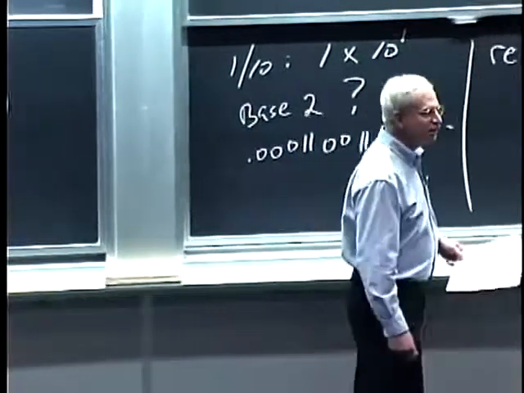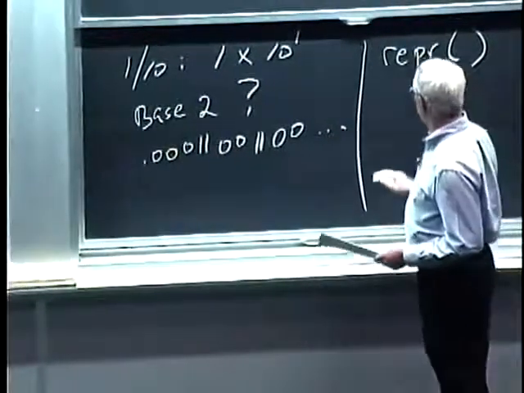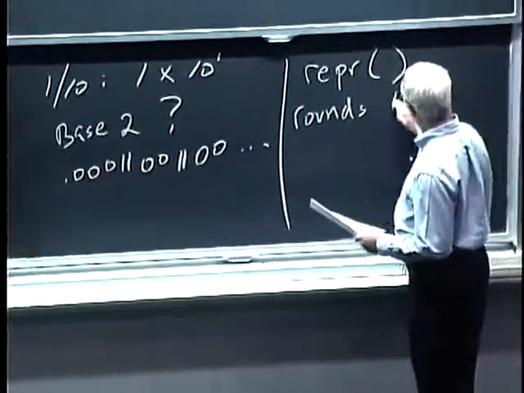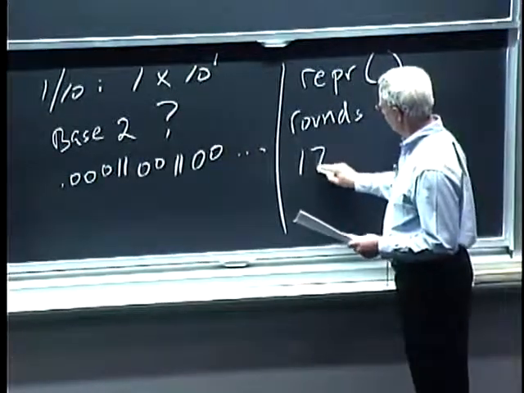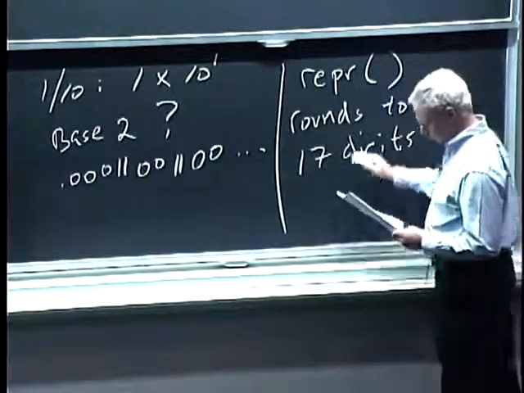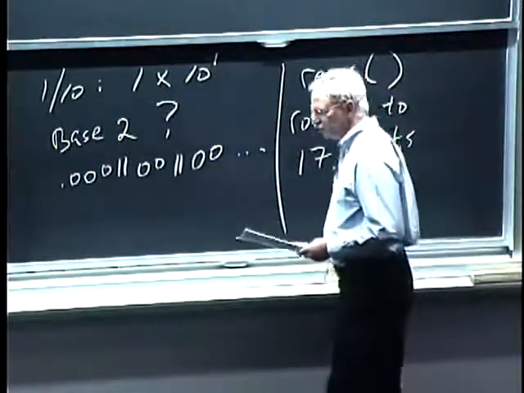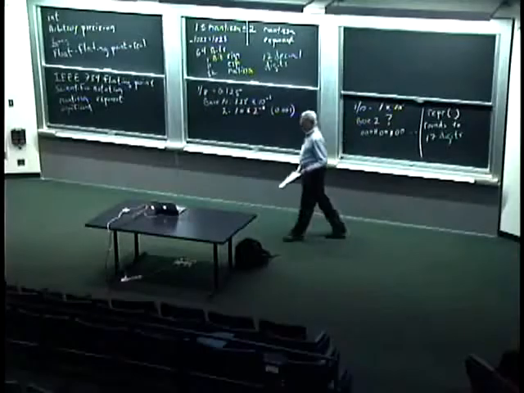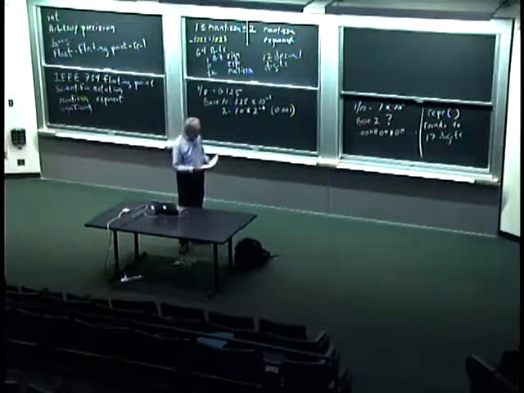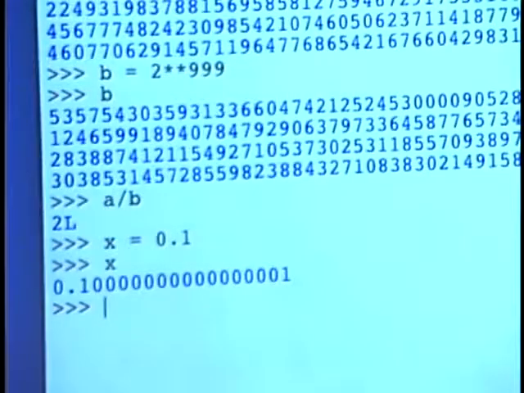For floats, it rounds it to 17 digits. There's that magic number 17 again. Hence, when it rounds it to 17 digits, we get exactly what you see at the bottom of the screen up there. Answer to the mystery, why does it display this?